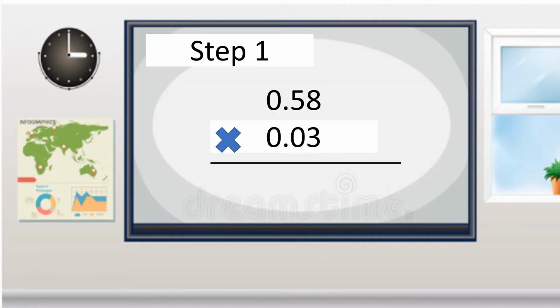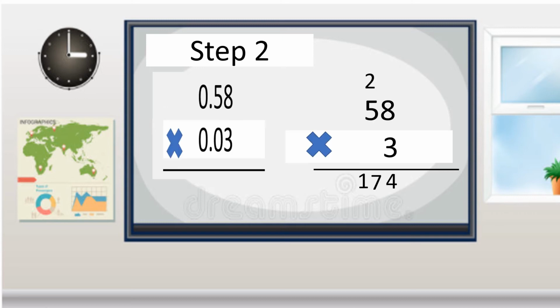In step 1, ignore the decimal points and multiply as if they are whole numbers. In this case, we have 174. Count from right to left to the decimal point. Add zeros if needed.